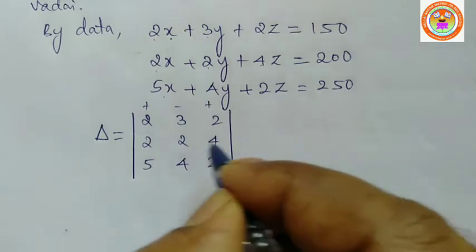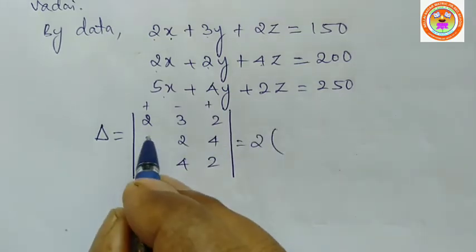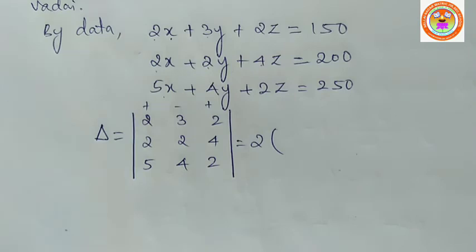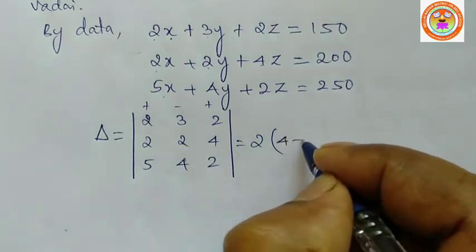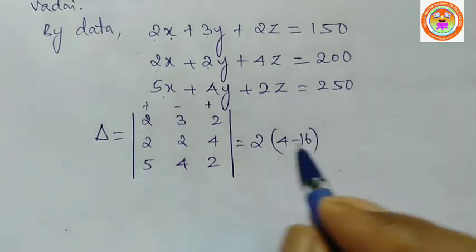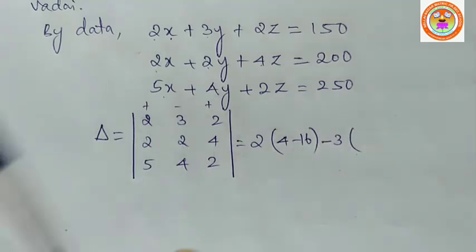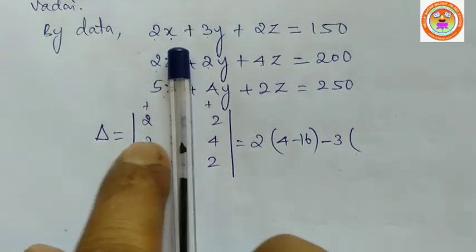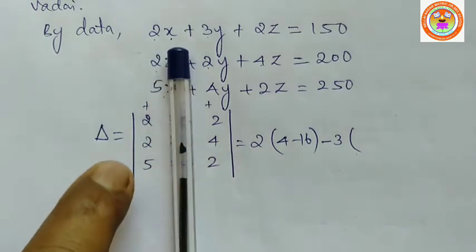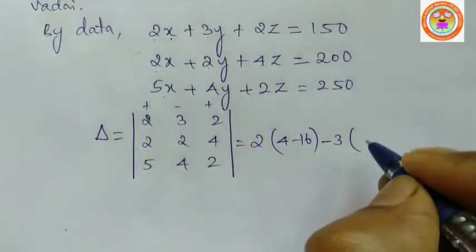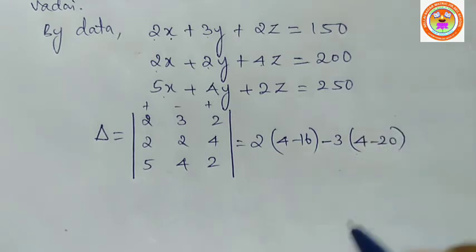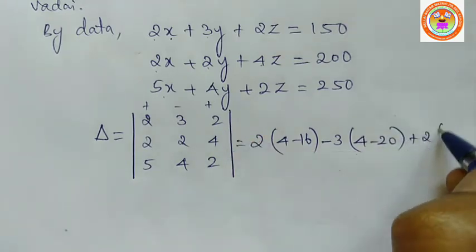Plus, minus, plus, that is 2 into, remove the row and column of the particular element. So we are getting this minor. So 2 2s are 4, minus 4 4s are 16. So 4 minus 16. Then minus 3 into the minor 2 4 5 2. When we are expanding, 2 into 2 is 4, minus 5 into 4 is 20. So 4 minus 20.